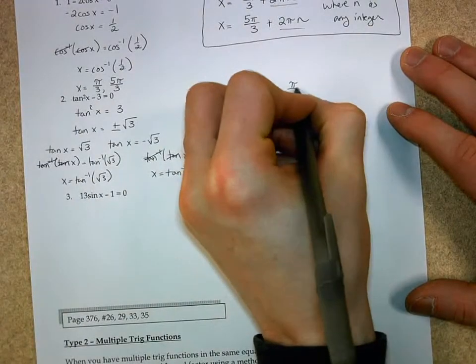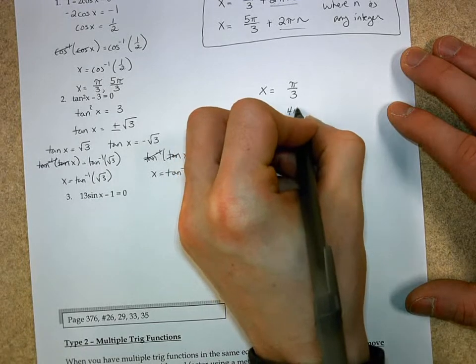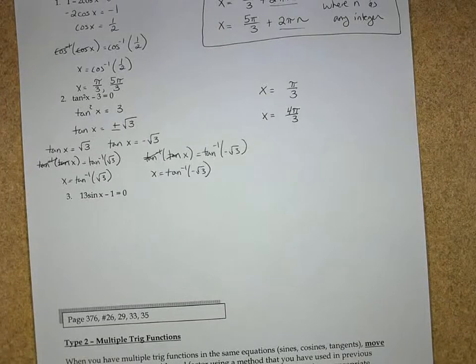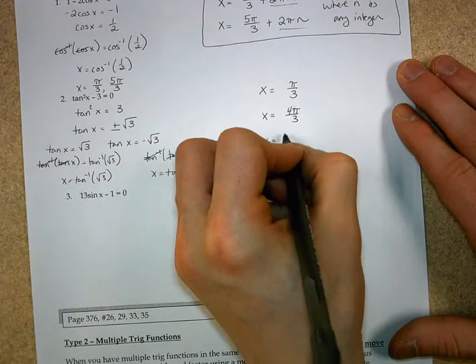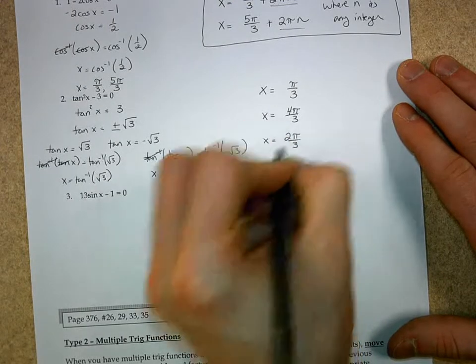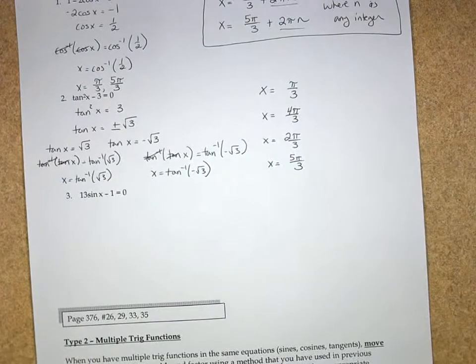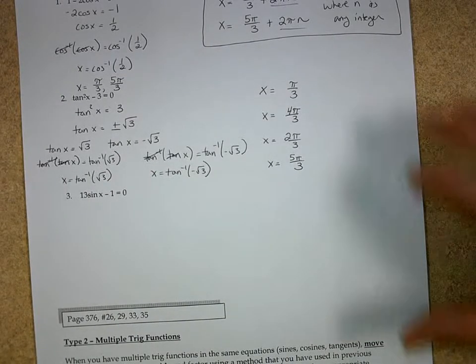X equals pi over 3. X equals 4 pi over 3 were my 2 answers that were the positive versions. And then I have x equals 2 pi over 3 and x equals 5 pi over 3 for my negative square root of 3 answers.